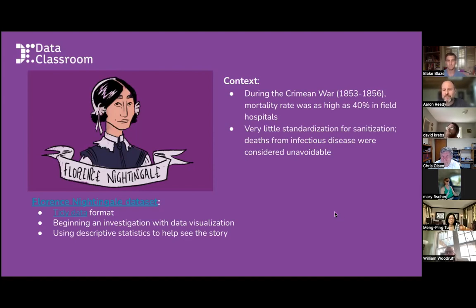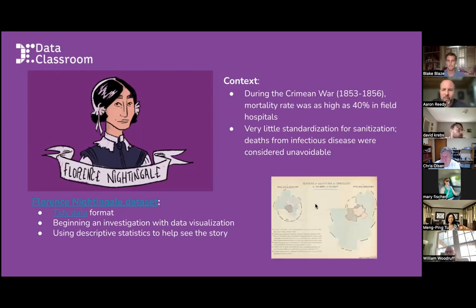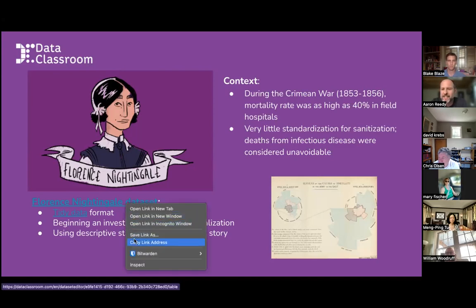Sure, and we'll look at this data set in a second, but I'll say that we went back to Florence Nightingale's original notebooks because they've been scanned and they're all publicly available online. We looked for these data for a while because we were familiar with the story and its role in data science lore.